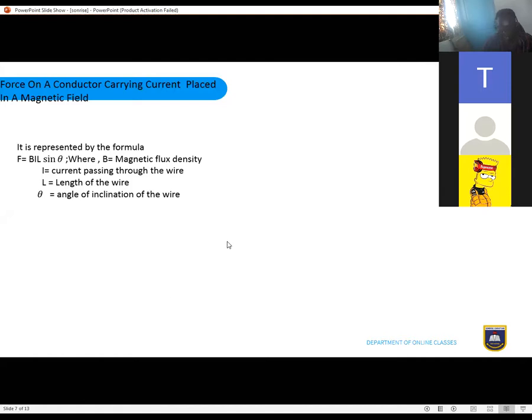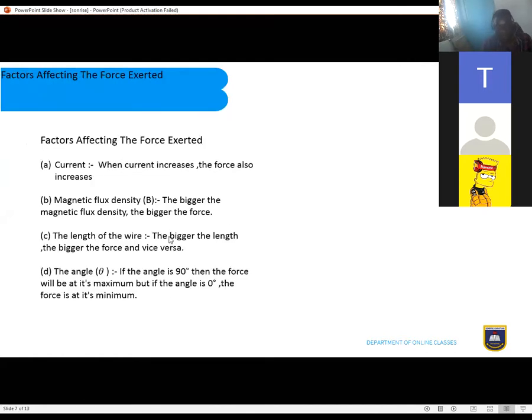So let's look at the factors affecting this force. We'll use the formula to reduce everything. F equals BIL sine theta, and the force is directly proportional to B, I, and L. The I represents the current.